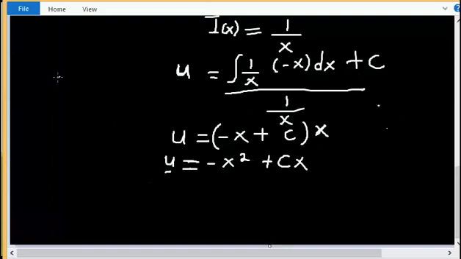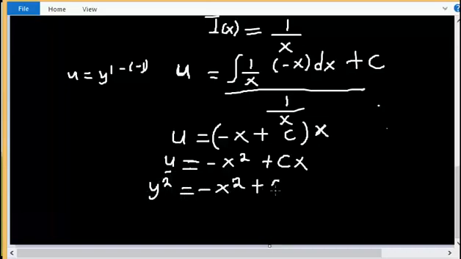Remember when they introduced the u to be equal to y raised to the power of 1 minus, in this case minus 1, which gave me y squared. So u is y squared, equal to minus x squared, then plus cx.